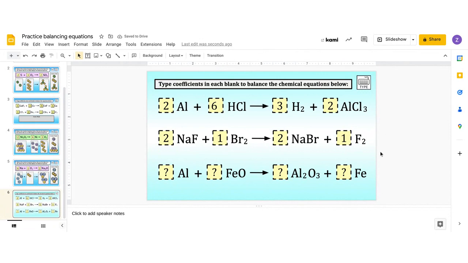All right, so let's take a look at this one. On the product side, we got Al2O3. Okay, so let's fix the Al on the reaction side and make that a what? A 2. Yep, let's try that.